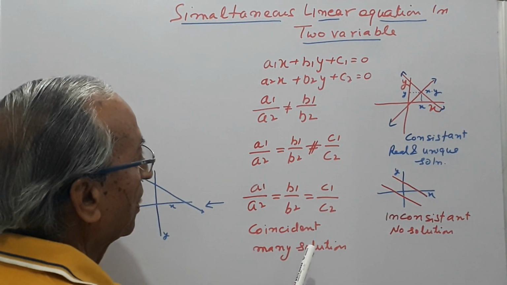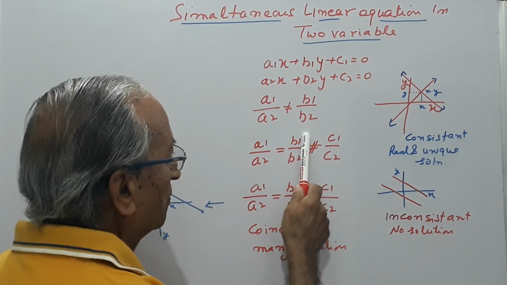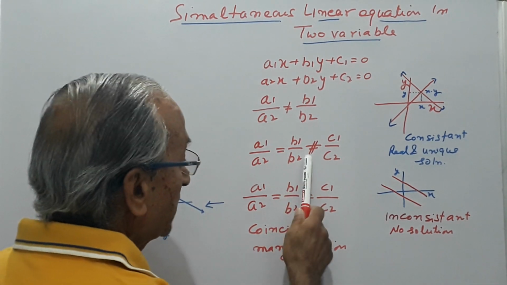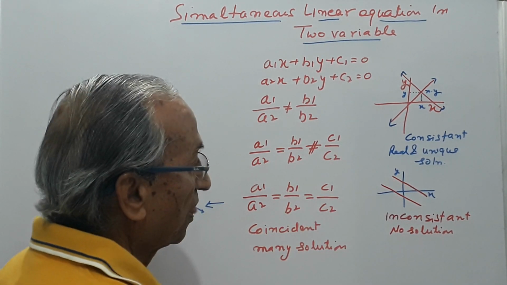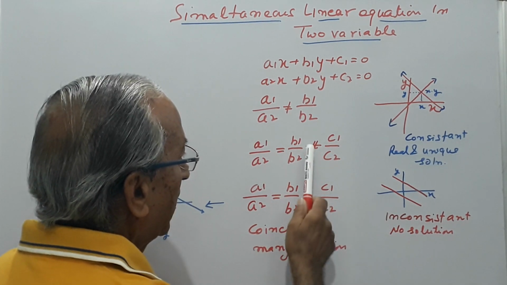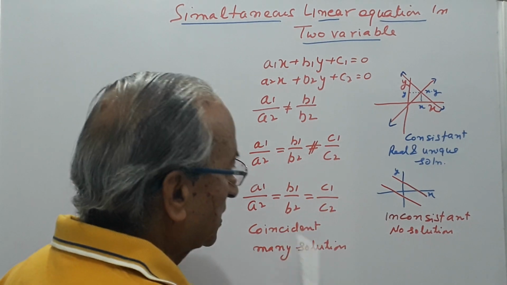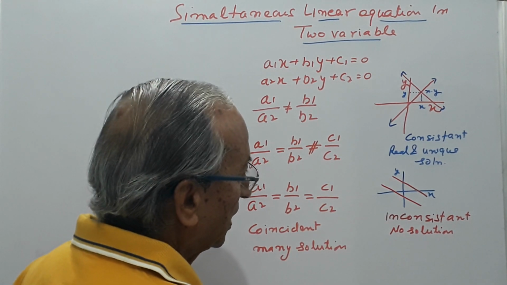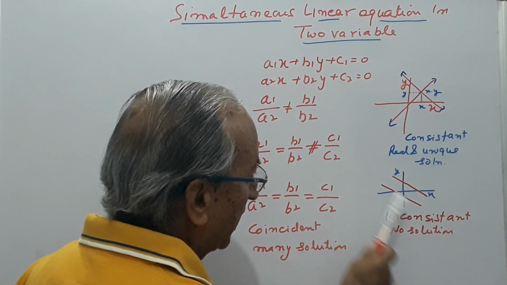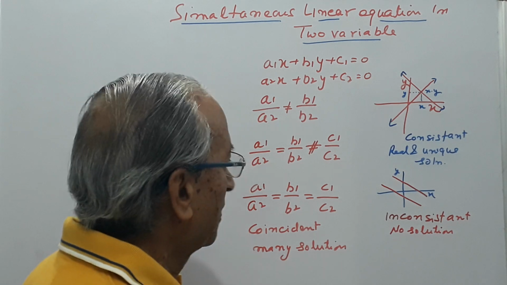Now the second case: a1 upon a2 is equal to b1 upon b2, but it is not equal to c1 upon c2. It means a1 upon a2 is not equal to c1 upon c2 and b1 upon b2 is not equal to c1 upon c2. In this case, if we draw the graph, we will get two straight lines that are parallel, they never intersect each other.